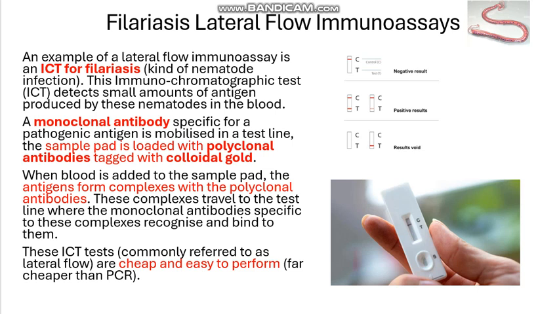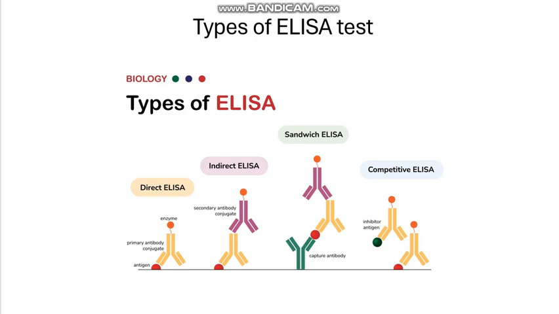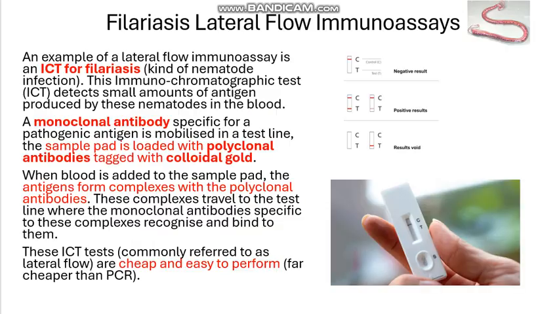These ICT tests, commonly referred to as lateral flow, are cheap and easy to perform, far cheaper than PCRs. It's similar to a sandwich ELISA in the sense that we have these monoclonal antibodies at the test line.